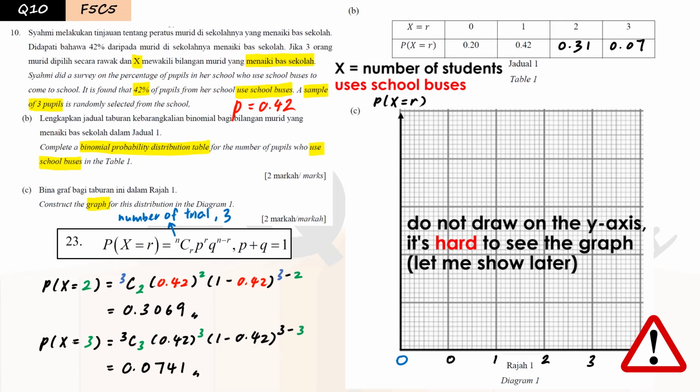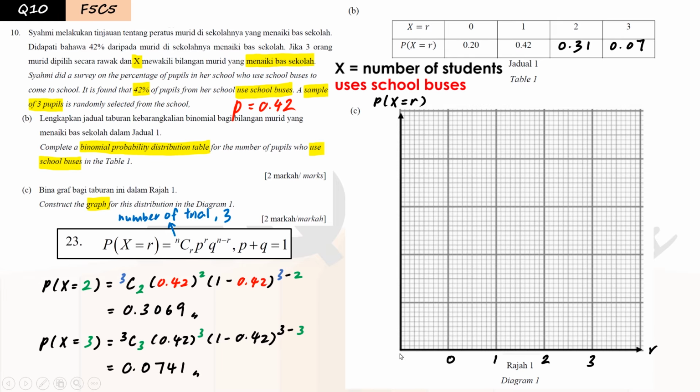And for the y-axis labels, I'm going to start 0 here, and then let me experiment here. Let's say the big box here would be from here to here, it's 0.1. So let me add 0.1 for each of the big boxes here. So 0.2, 0.3, 0.4.